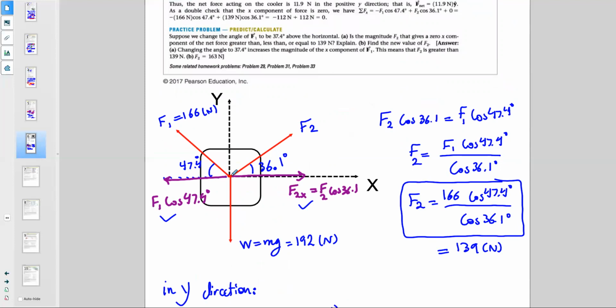So this is F2 sine of 36.1, and this is F1 sine of 47.4 degrees.